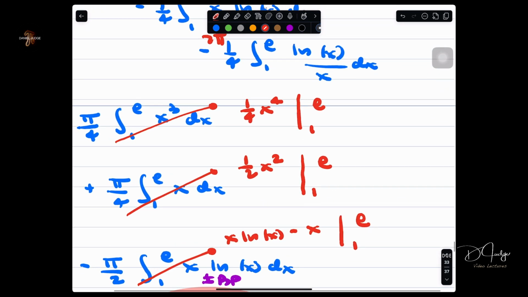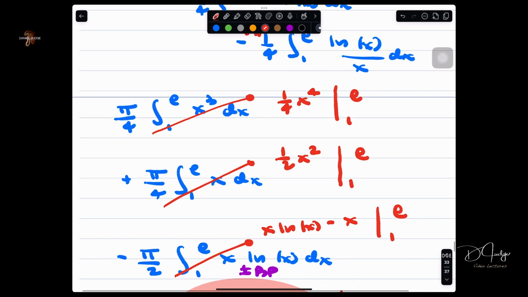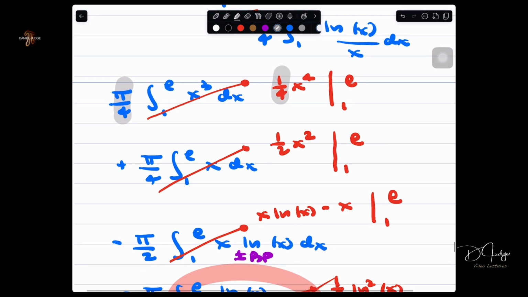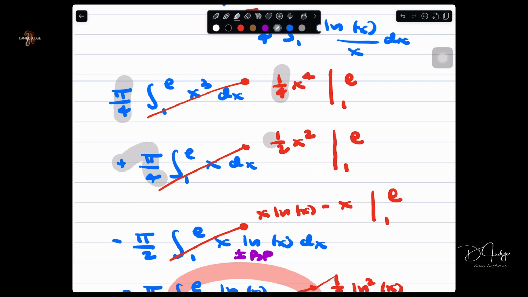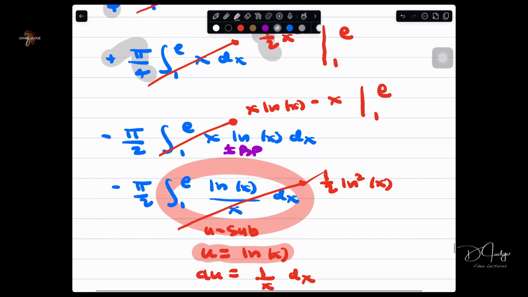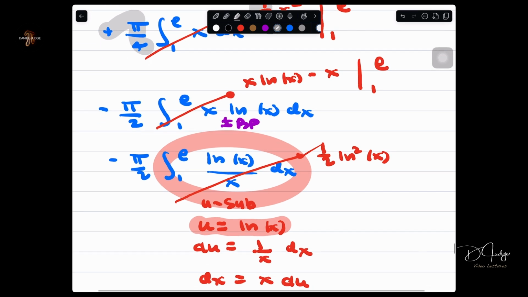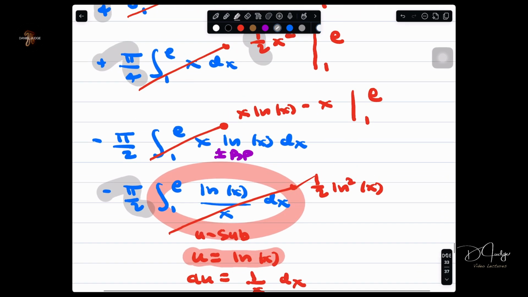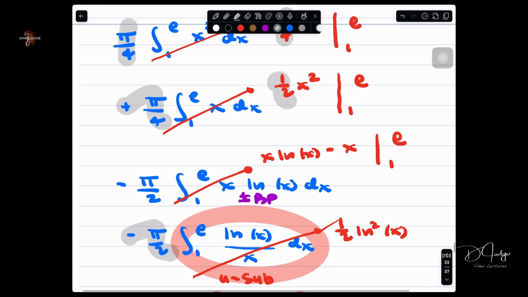So I would say, let's just deal with the constants, okay? For each one. Here we go. Okay. And don't forget this one here.